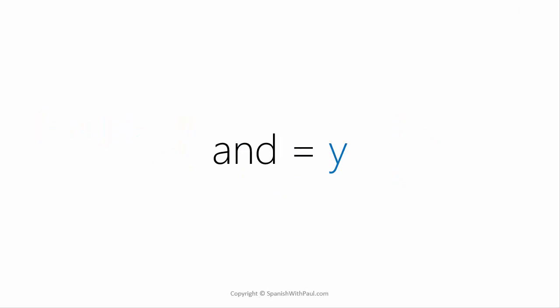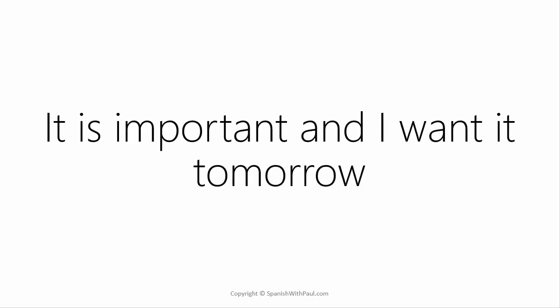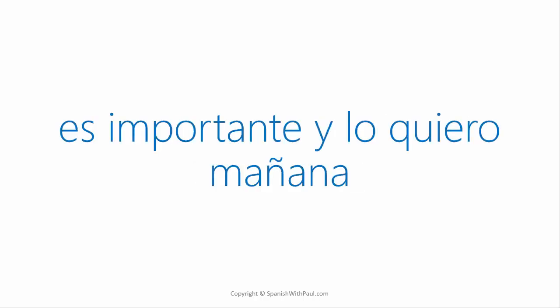The word for and in Spanish is y, spelled just with a Y, has that E sound. Try to say, it is important and I want it tomorrow. Es importante y lo quiero mañana.